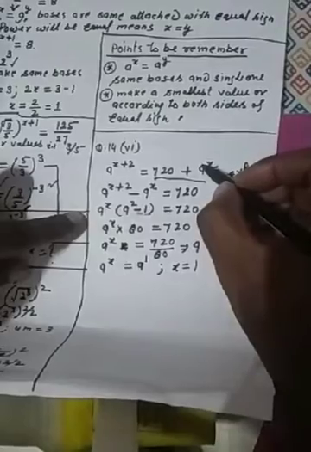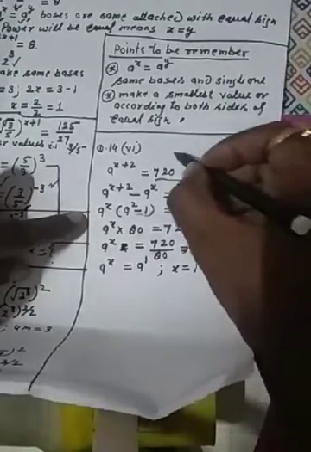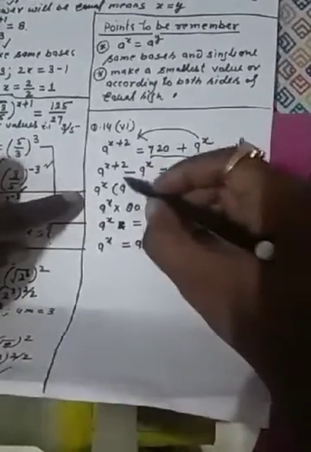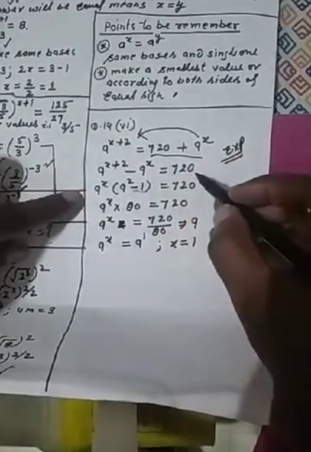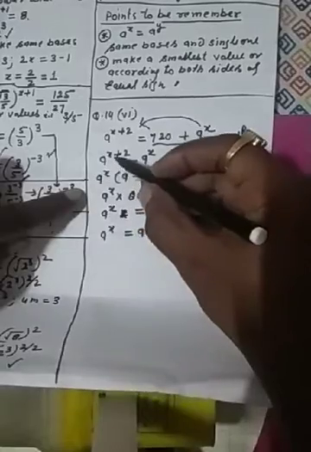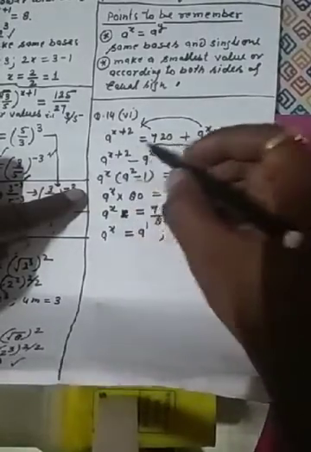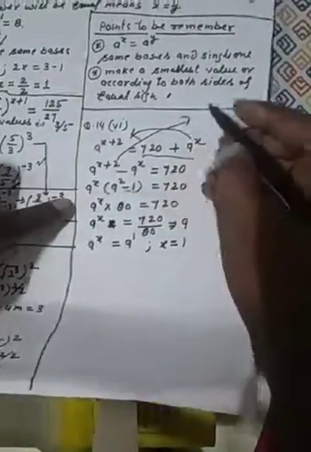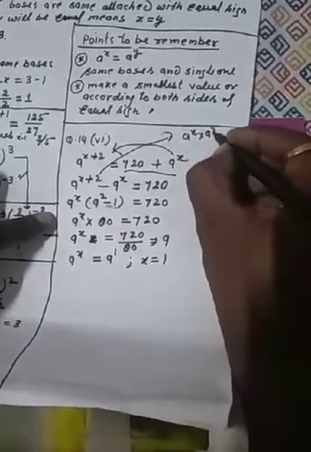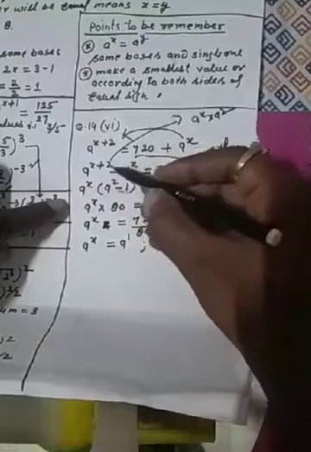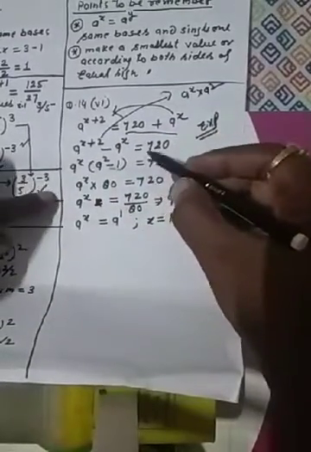It means it will go here. When it goes here, 9 to the power x plus 2 minus 9 to the power x is equal to 720. 9 to the power x plus 2 is 9 to the power x into 9 to the power 2.